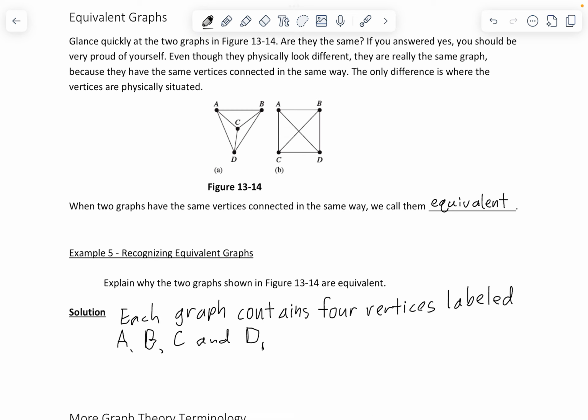And we would say also that in each graph, every vertex is connected to each of the other three vertices.